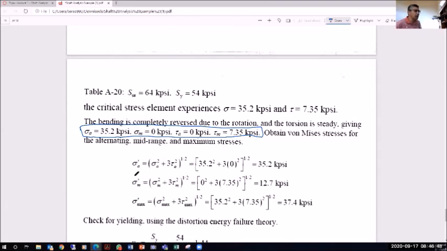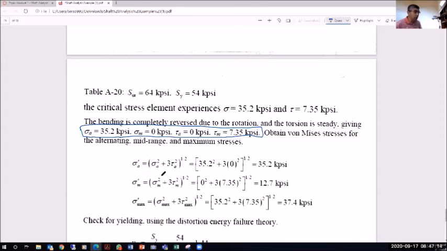In order to do that, we use the distortion energy theory to find an equivalent stress. Since the stresses are in plane, it is simplified and we only have one axial stress component: the square root of the axial stress squared plus 3 shear stress squared.